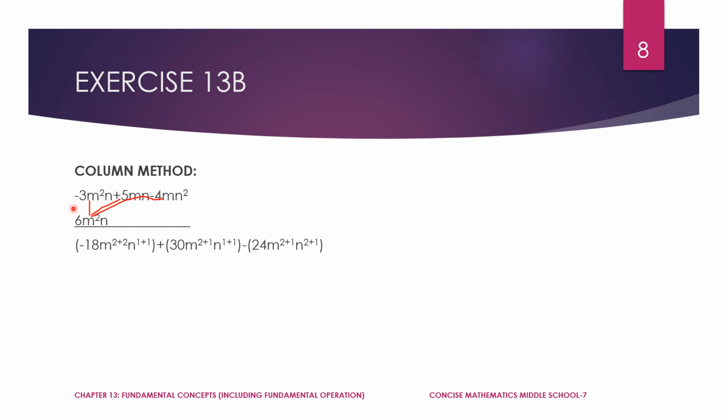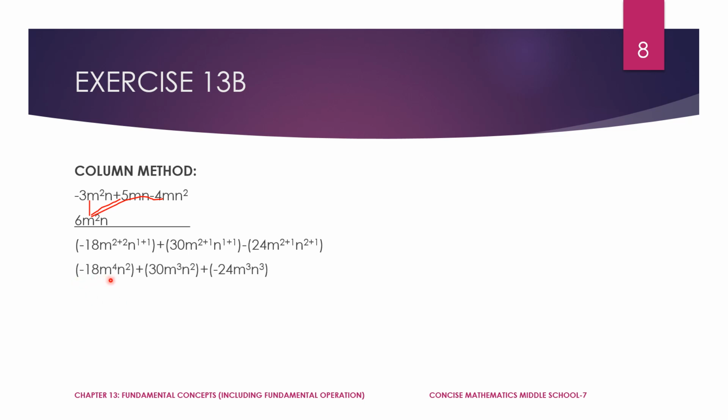I have kept the multiplication of the first term in a bracket, plus, and now the first term with the second term should be placed in a bracket. 6 5s are 30, m cube, n to the power of 1 plus 1. Plus into minus, minus, 6 4s are 24, m to the power of 2 plus 1, n to the power of 1 plus 2. Right? Even here you can place a plus and place this minus inside if you don't want to get confused.